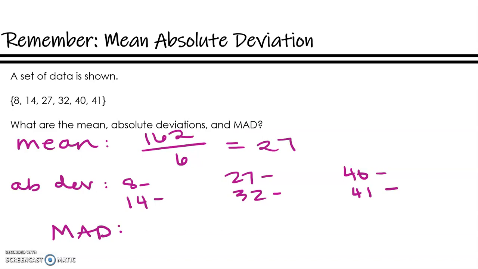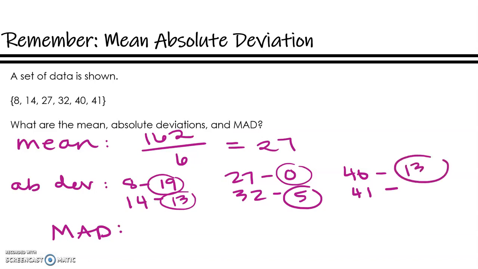That's 8 and 27 are 19 numbers away from each other. 27 minus 14 is 13. 27 minus 27 is 0, so there's that deviation. 32 and 27 are 5 numbers away from one another. 40 and 27 are 13 away. And that means 41 and 27 are 14 away.